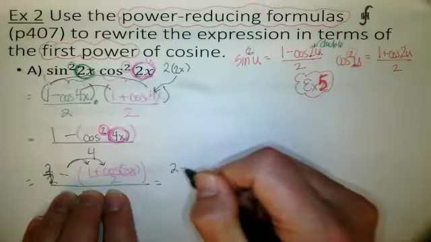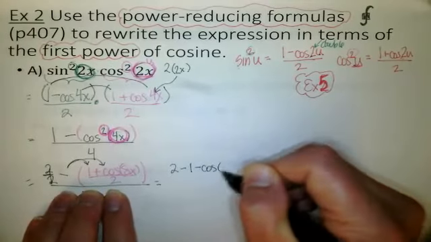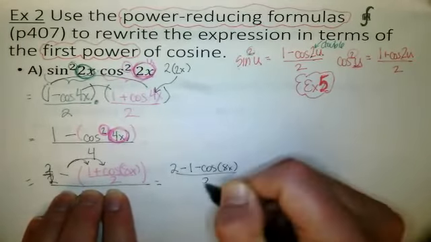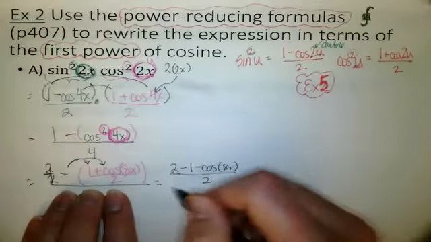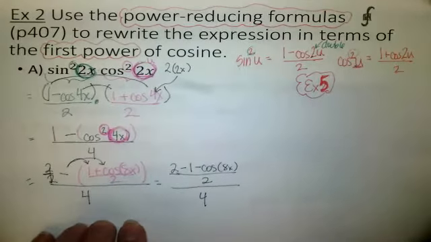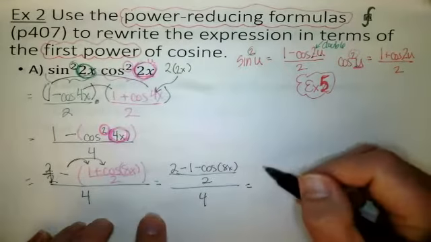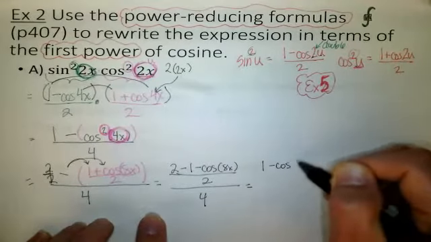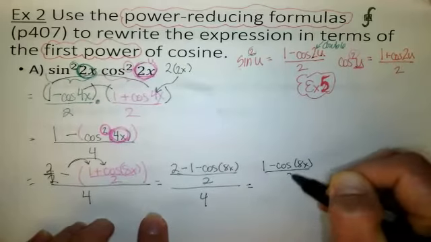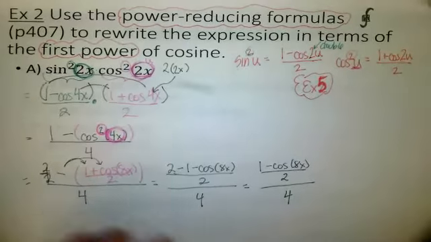So that gives me 2 minus 1 minus the cosine of 8x all over 2, all over 4. 2 minus 1 is just 1 minus cosine of 8x over 2 over 4.